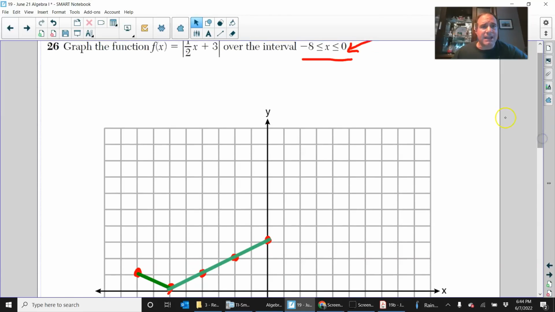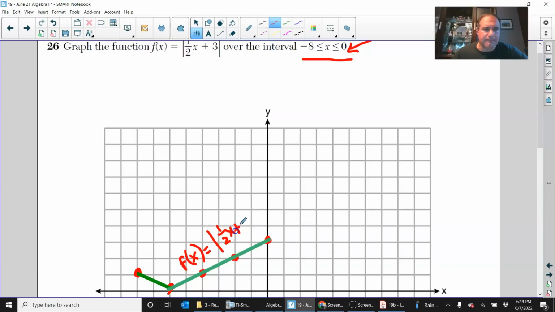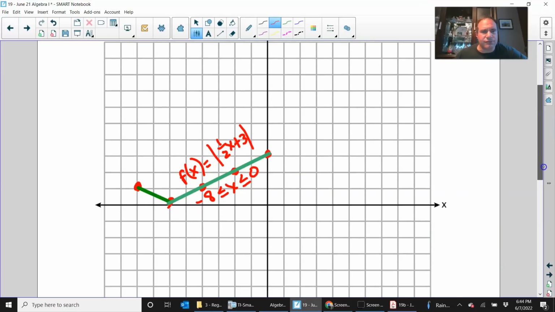So please go ahead and put f of x equals, and an absolute value of 1/2 x plus 3. This is over the interval of this. And that is all that you have to do for that question.